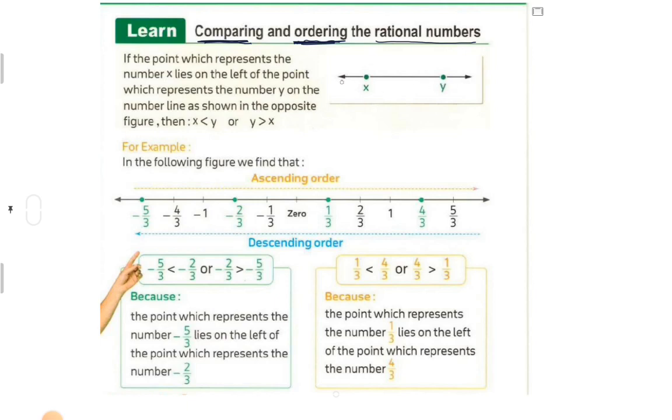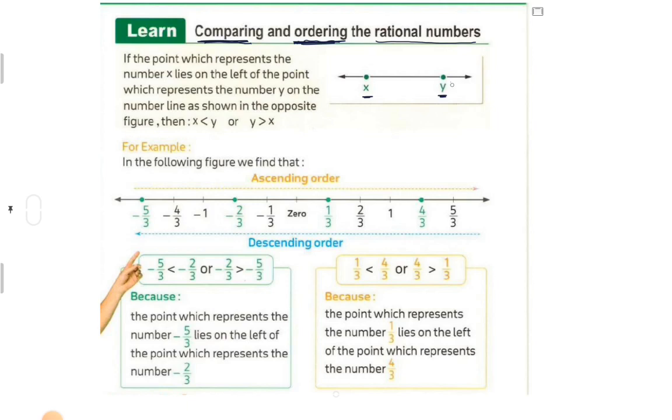Look here, this is a number line and we have 2 points representing two numbers, x and y. From this number line, we can conclude that point y is greater than point x.